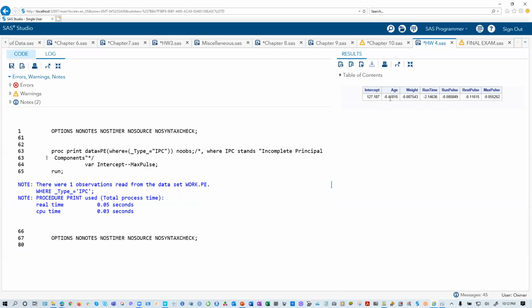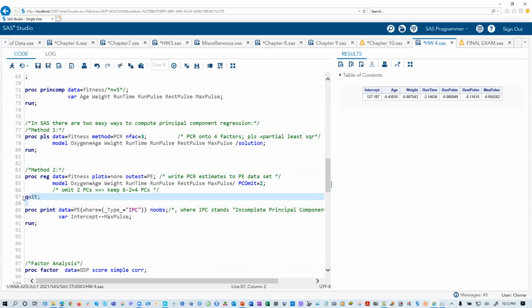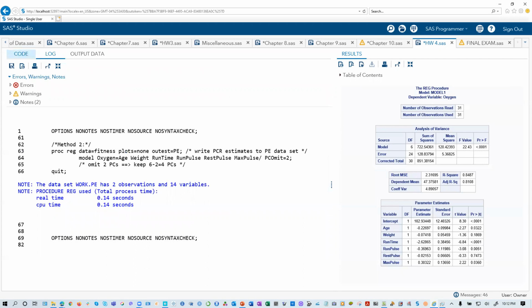This one intercept, this one age, all these values. Did we show that one? 127 intercept from this one? You don't have that one, 127 intercept.